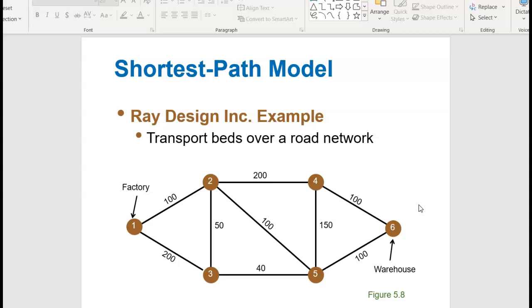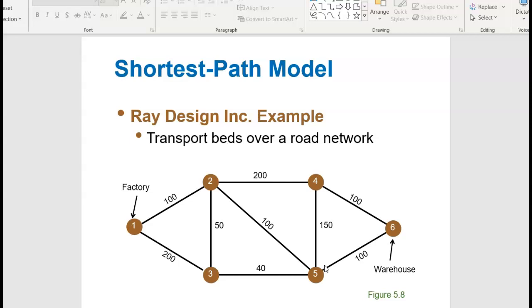If we assume that there is a supply of 1 unit at the factory and a demand of 1 unit at the warehouse, the shortest path model for Ray Design's example is identical to a transshipment model with a single origin node, a single destination node, and all the other remaining 4 nodes serving as transshipment nodes.